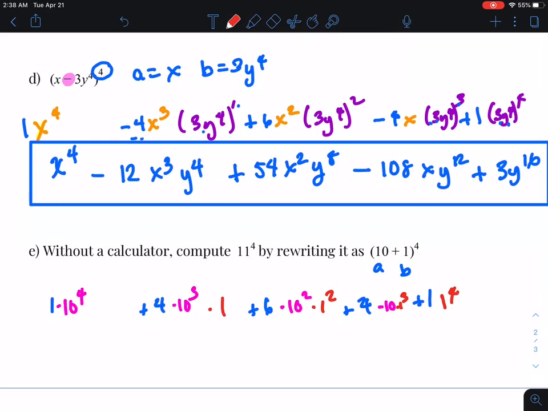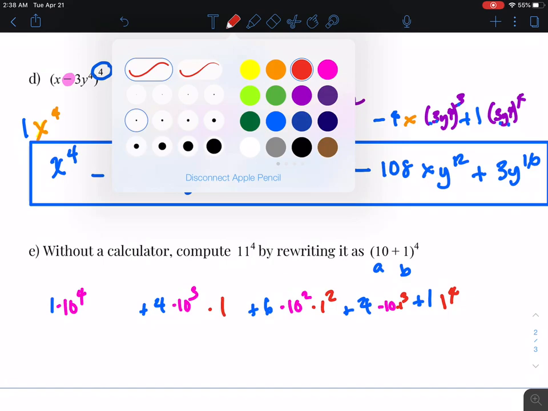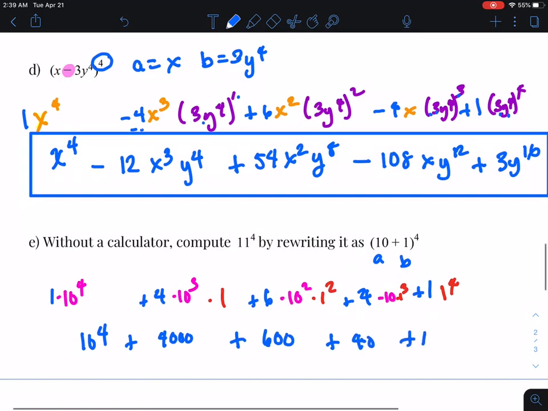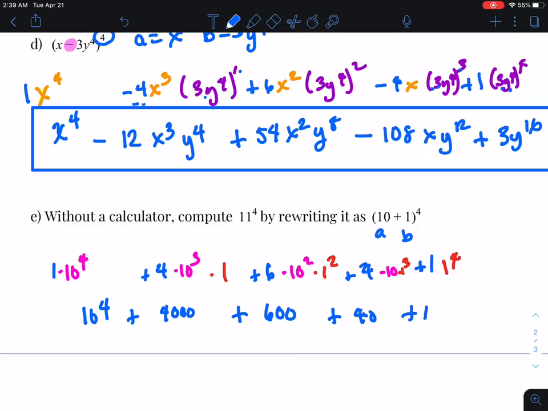It's 1. So basically this is 10 to the 4th plus 4,000 plus 600 plus 40 plus 1. 10 to the 4th is 10,000 plus 600.